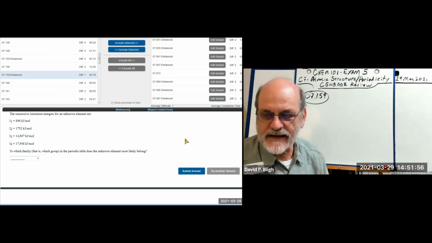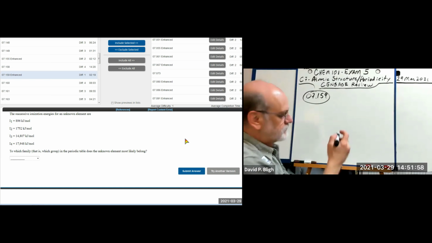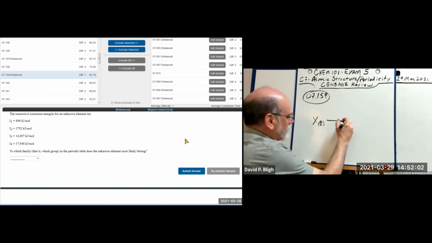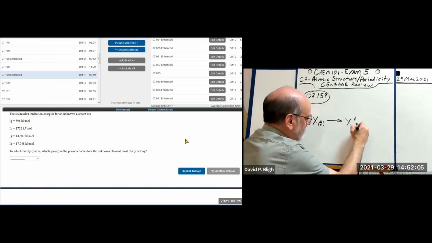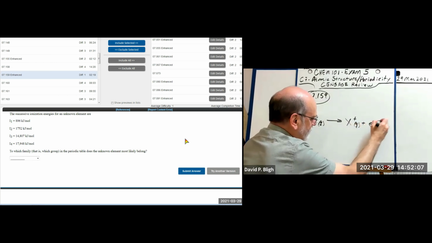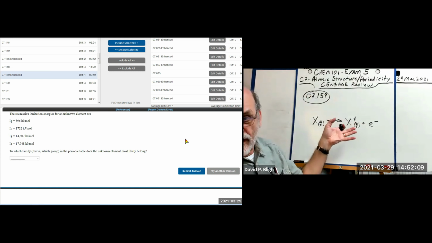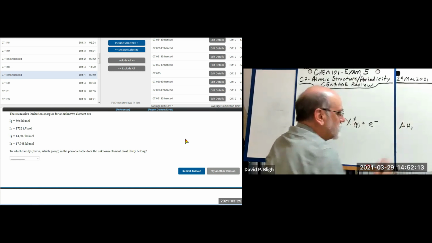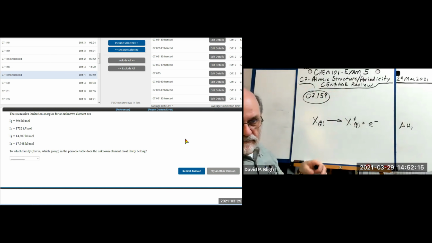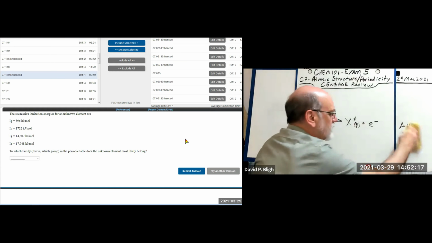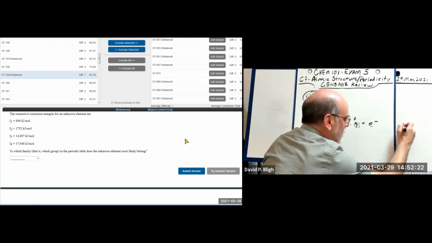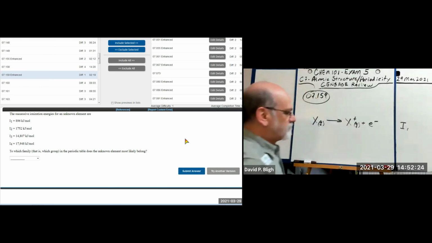So the first ionization energy does what? Removes one electron, and that's going to have a delta H, some value. They use I, so let's be consistent. They're calling it I1.